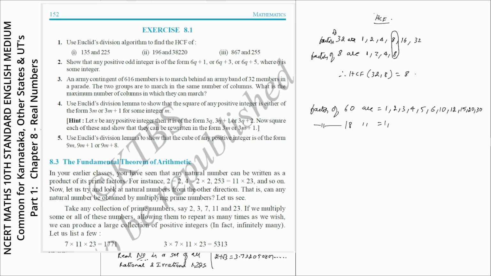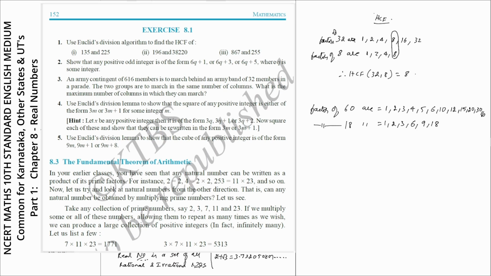So what are the factors of 18? 1 is a factor, 2 9s are 18, so 2 is a factor, then 3 6s are 18, so 3 is a factor, then 4 is not a factor, 5 is not a factor, then 6 3s are 18, 6 is a factor, then 9 2s are 18, 9 is a factor, then 18 is a factor. And 60 is a factor of itself.